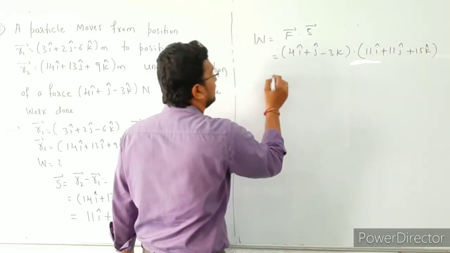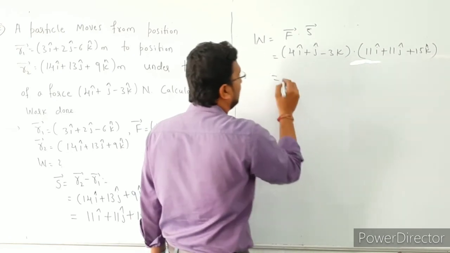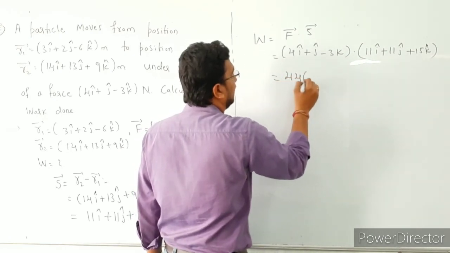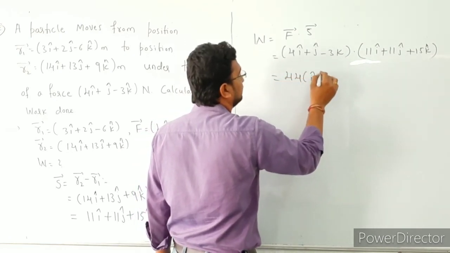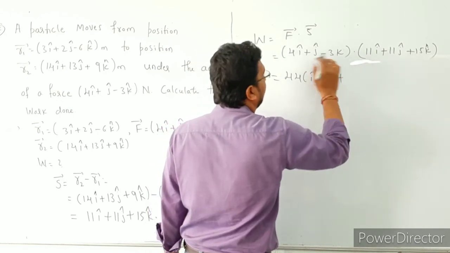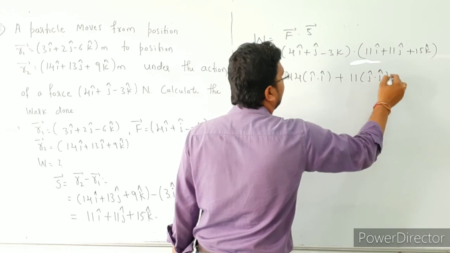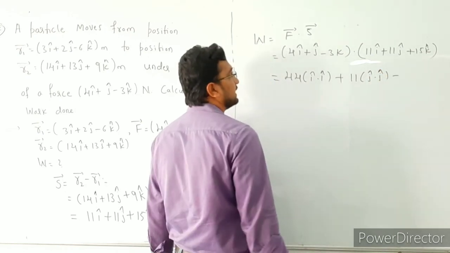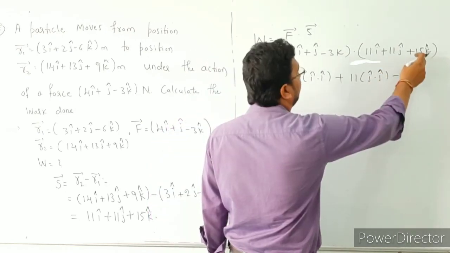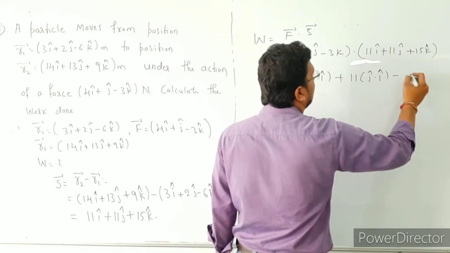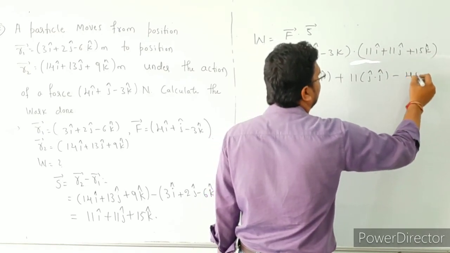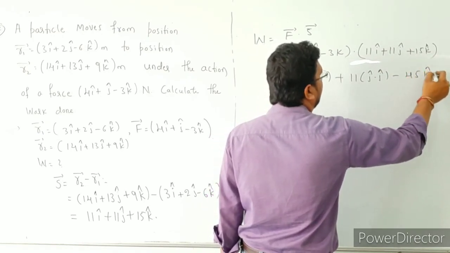Okay, see here, this is equal to 4 into 11, that is 44 i dot i, plus 11 into 1, 11 j dot j, plus minus 3 into 15, that is minus 45 k dot k.